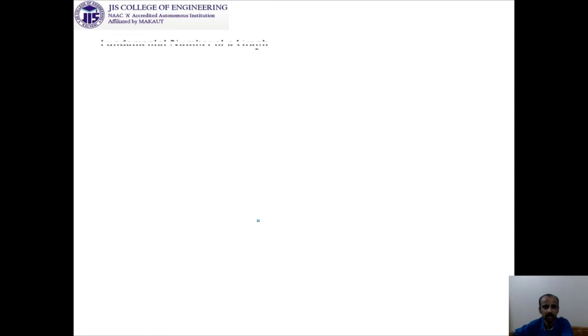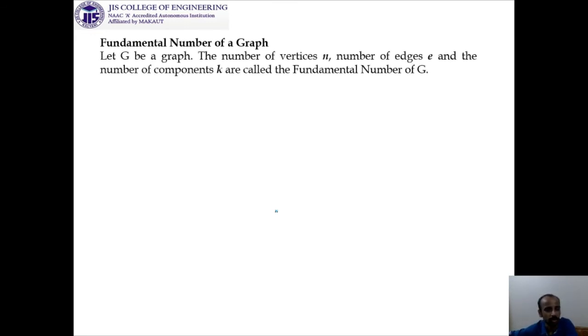In the next case, we are entering some important observations on the fundamental numbers of a graph. We consider the number of vertices n, the number of edges e, and the number of components k. They are called the fundamental numbers of a graph G, where it will be important and where we are going to use it.